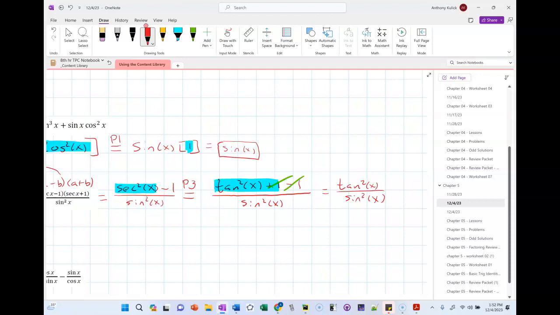So look at your identities, specifically your reciprocal and quotient identities, and see if there's something in there that'll let me rewrite tangent so that it has sines in it, or rewrite sine so it has a tangent in it.